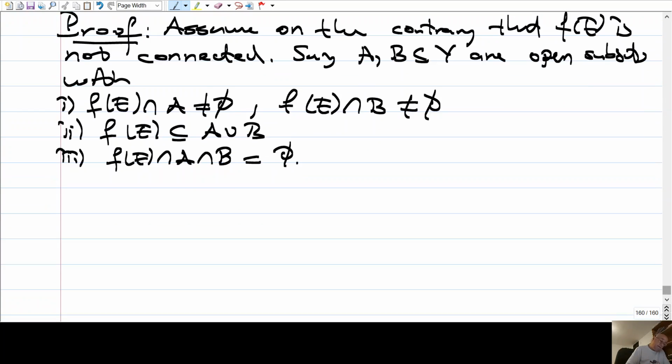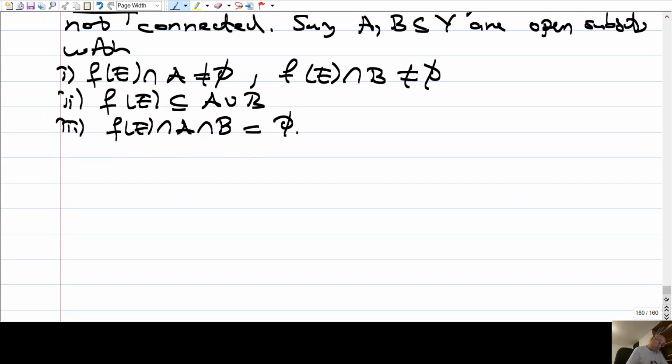Well, we know that for continuous maps, taking preimage carries open sets to open sets, and this is what we are going to do.